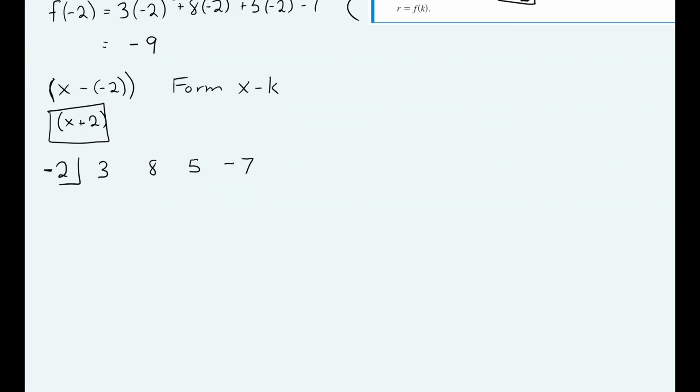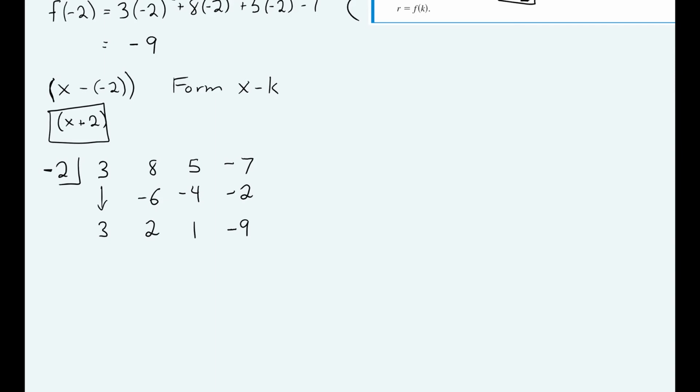With synthetic division, I drop down the first number, then go -2 times 3, and then add. Then keep repeating this process. -2 times 2 is -4. Add, and I get 1. -2 times 1 is -2, and adding these, I get -9.